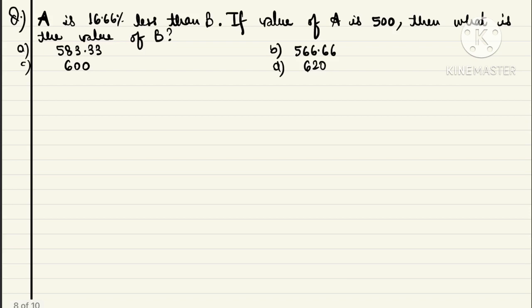In the next question, A is 16.66% less than B. From the basics, we know 16.66% is 1 by 6. If we take B as 6, then A will be 5 because it is 16.66% less.